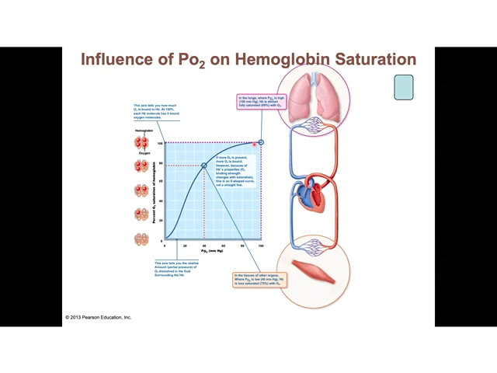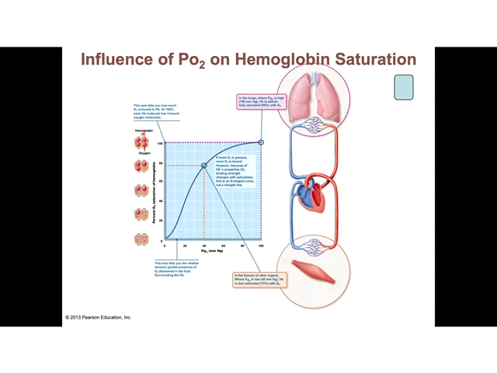In the tissue of other organs, where oxygen is low, about 40 millimeters of mercury, hemoglobin gets less saturated with oxygen. Why? Because it's giving up what it had bound to it. And then over here in the lungs, where oxygen levels are high, hemoglobin is fully saturated.